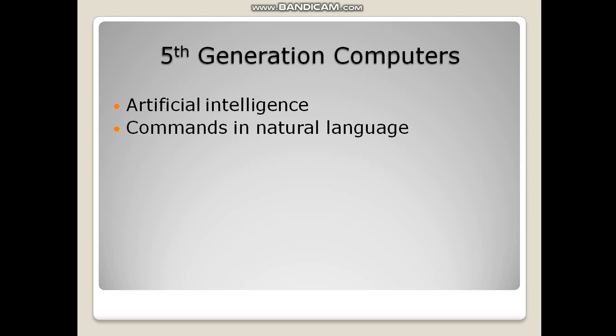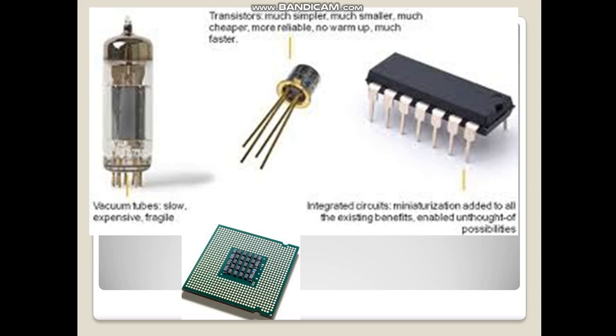Robots work on this technology. In the image you can see various devices like vacuum tubes, transistors, a much simpler, smaller and cheaper device, and IC chips and the microprocessor. A microprocessor is a chip on which thousands of circuits are integrated.